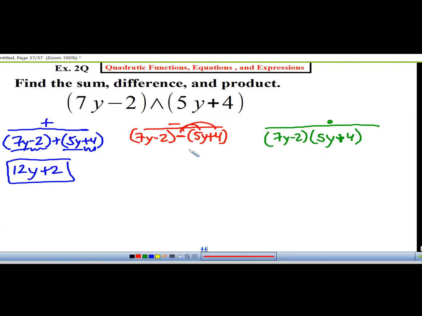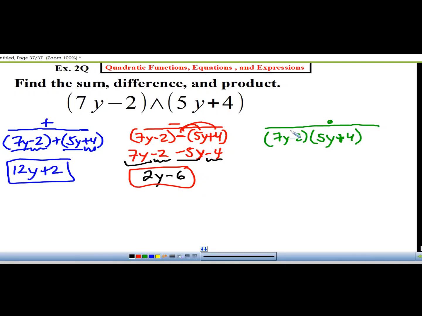So this becomes negative 5y minus 4. Bring down the 7y minus 2. We combine like terms. Let's see. What is 7y minus 5y, that is 2y. And then we got negative 2 and negative 4, that's negative 6. Hands, have you got that? Okay, good.